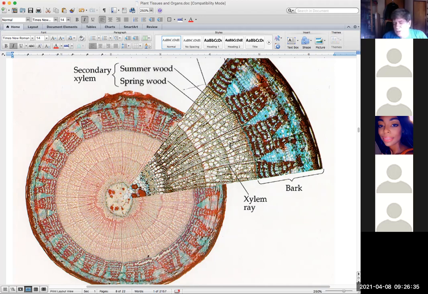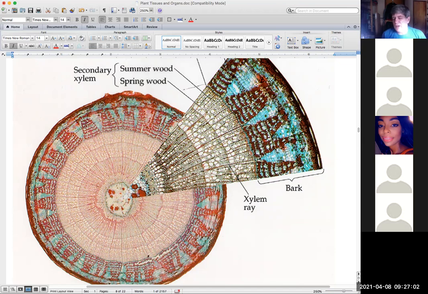Now, if we look at these rings carefully, let's focus over here on this outer ring. So here we can see the 3 rings. Notice if we look at this outer ring, the cells towards this inner part, almost right where it says xylem ray, these cells are very big.